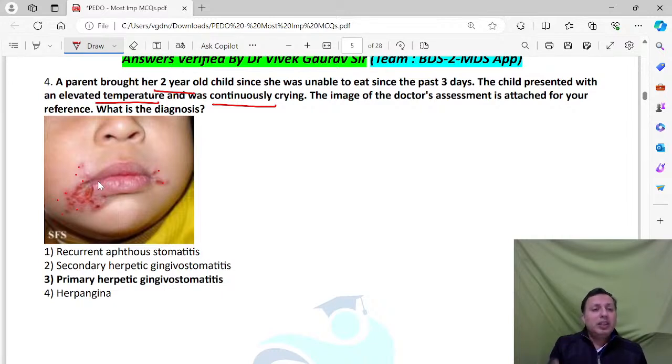But in this case, the signs are a little bit on the acute side, and you are seeing this at the age of 2 years. So the option is primary herpetic gingivostomatitis.